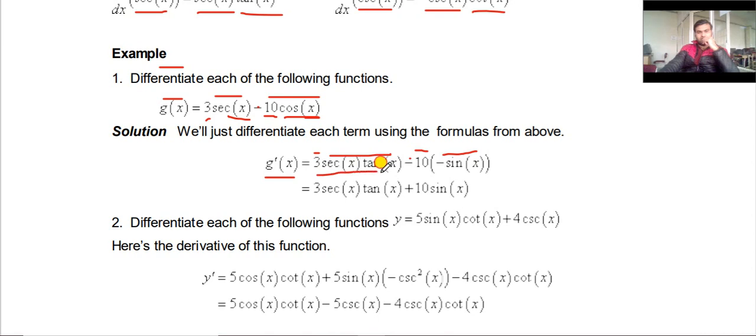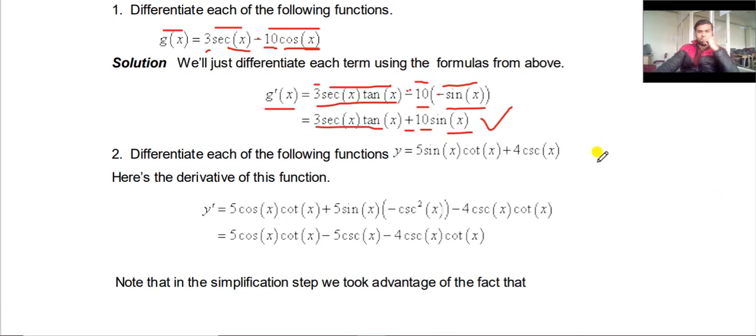So we write 3 sec x tan x here, and this minus when multiplied becomes plus, so we write plus 10 sin x. So this is your final answer of this question. Similarly, you have to do this numerical problem at home, and if you feel any difficulty, then you can contact me.